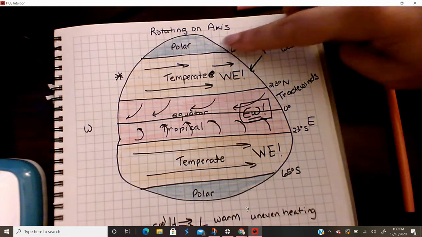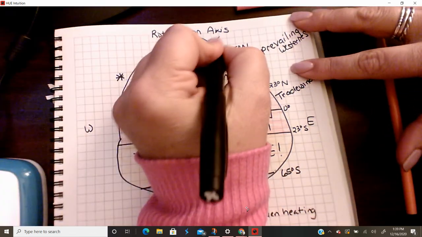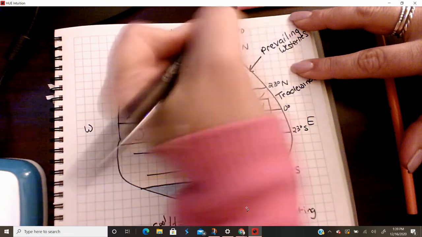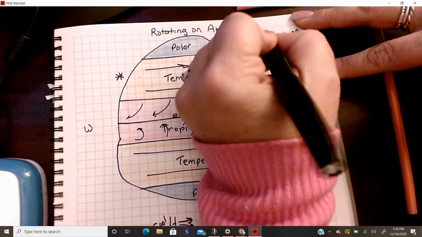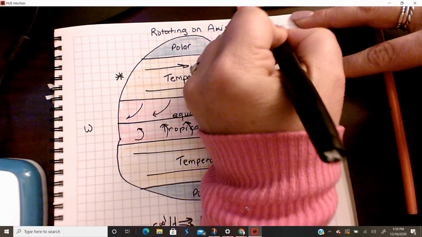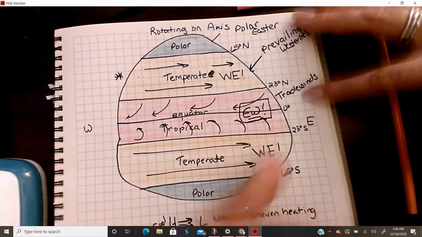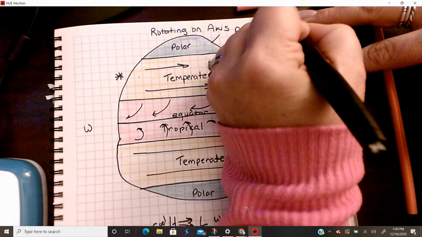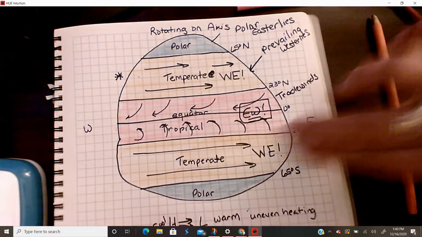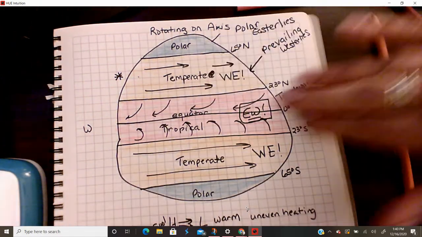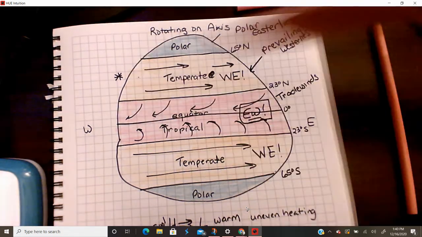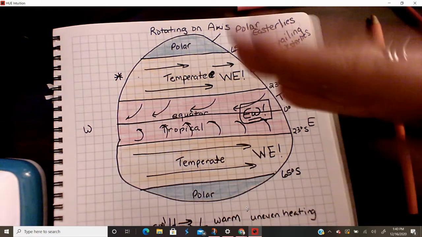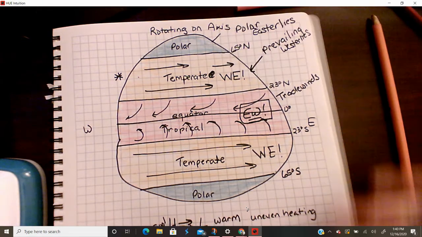And then at the North Pole, these winds are called the polar easterlies, and same at the South Pole too. Polar easterlies. See, so these ones also go east to west, just like the trade winds do down in the tropics. Now, the trade winds are called the trade winds because they helped people from Africa and Europe get over to the New World because the winds were blowing over toward the Western world, and they became known as the trade winds because they helped ships go make trades, right?